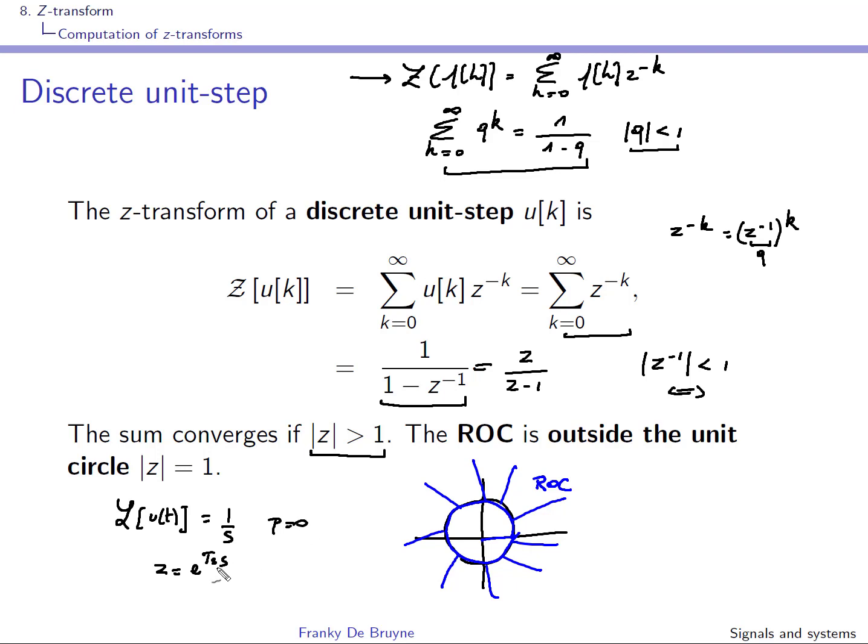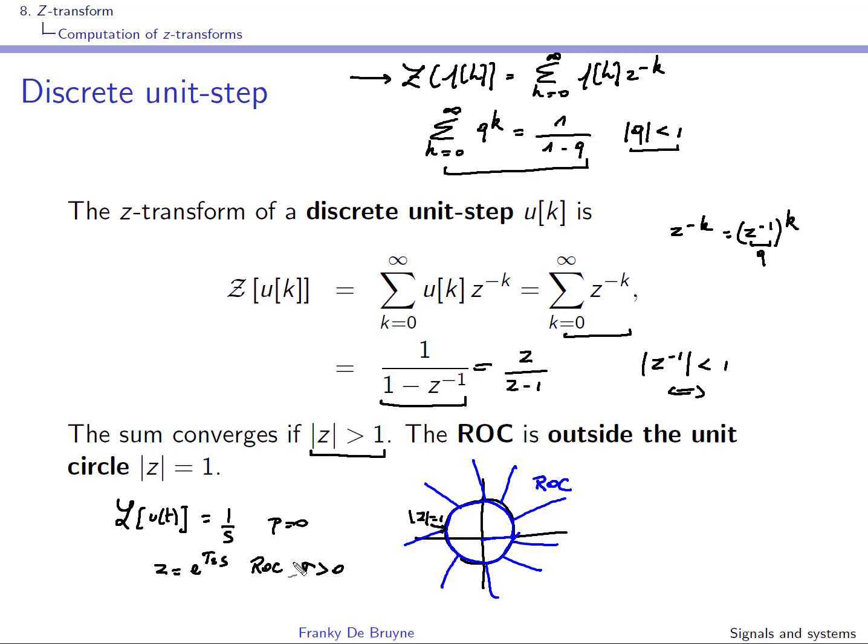If you plug that in, you have a pole indeed in z equal to 1, and also the domain of convergence was sigma larger than 0, and if you remember, sigma equal to 0, the j omega axis, is mapped to z equal to 1.